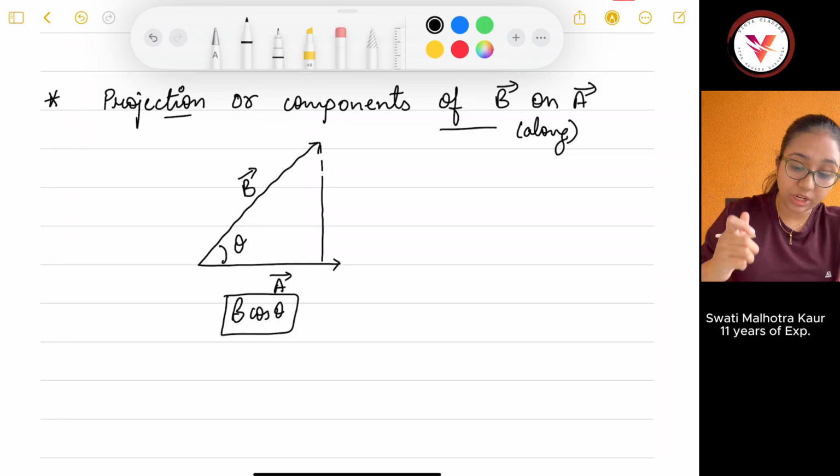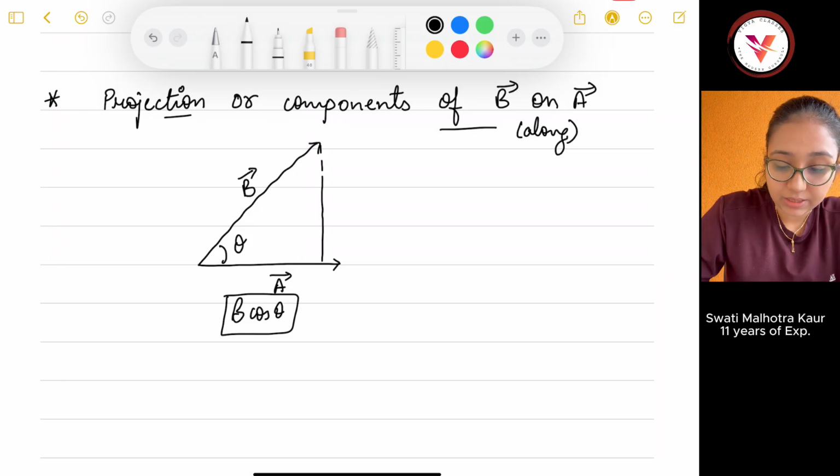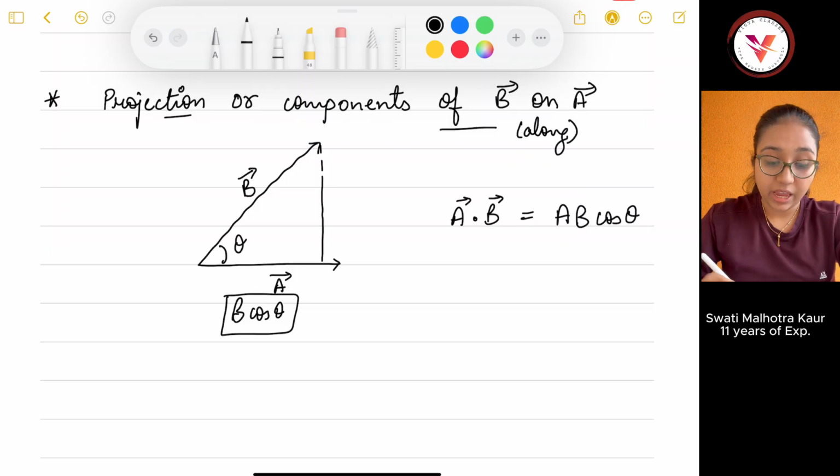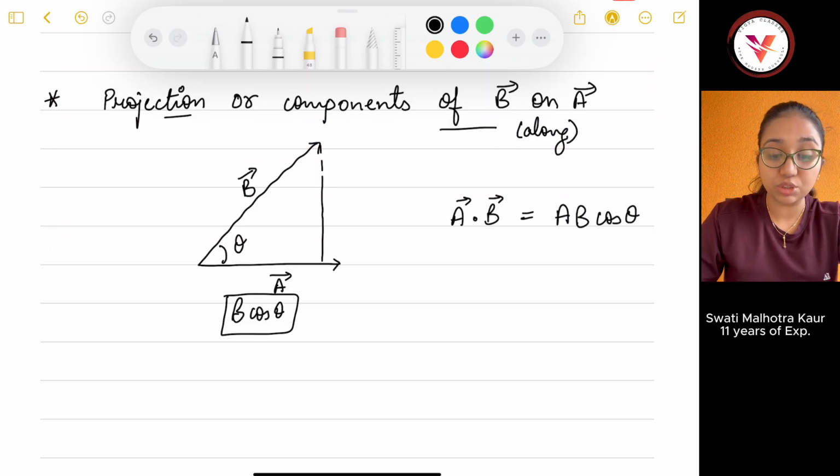So to calculate B cos theta, let's say A dot B is equal to AB cos theta. If you need to calculate the projection of B, the component of B, that means they are asking you B cos theta.